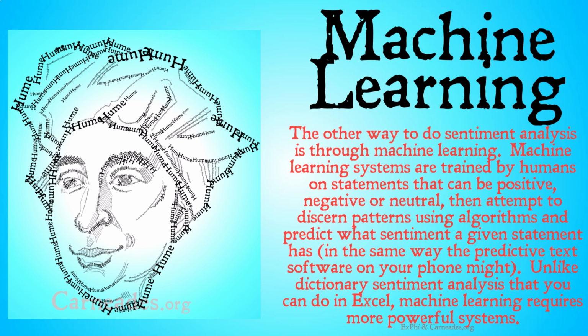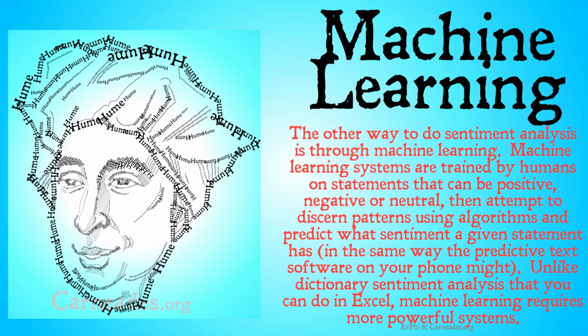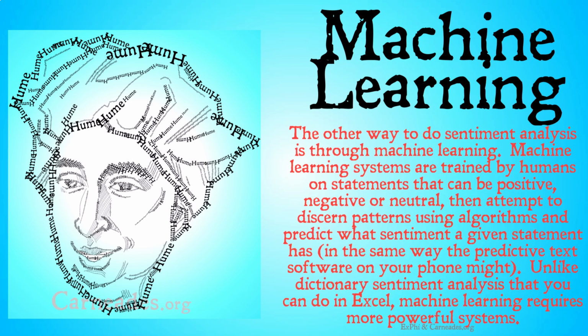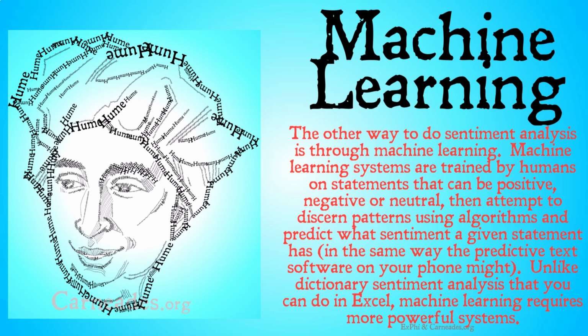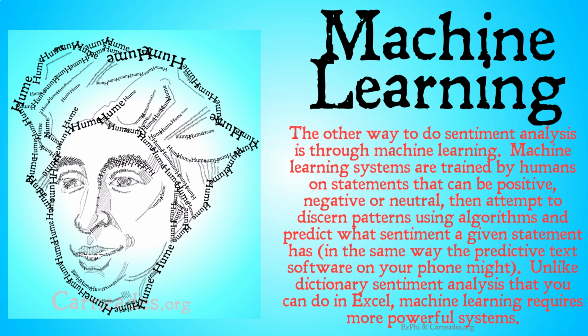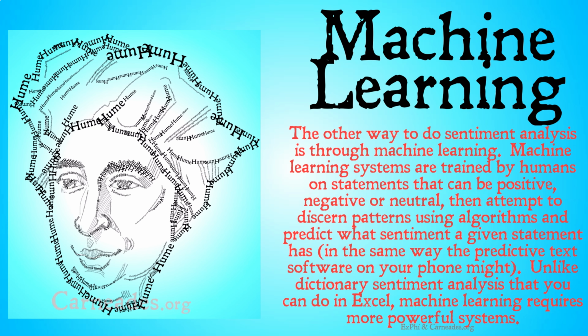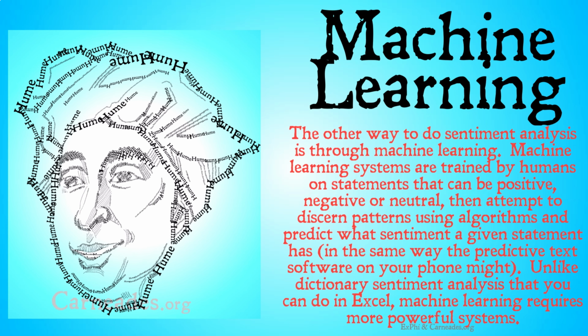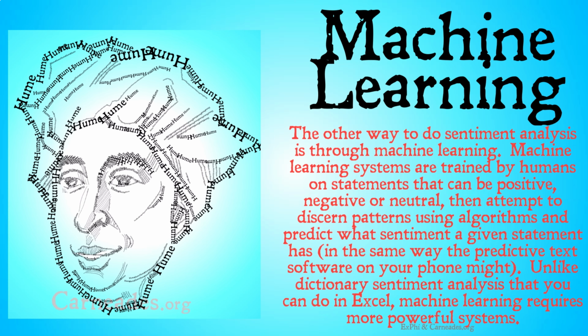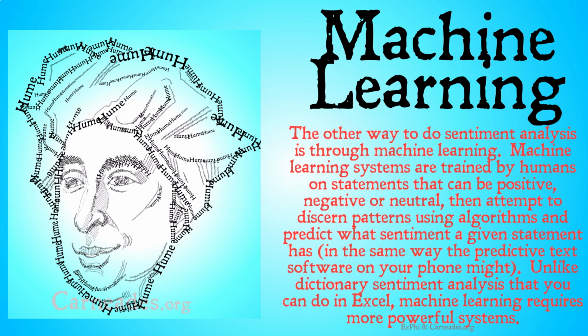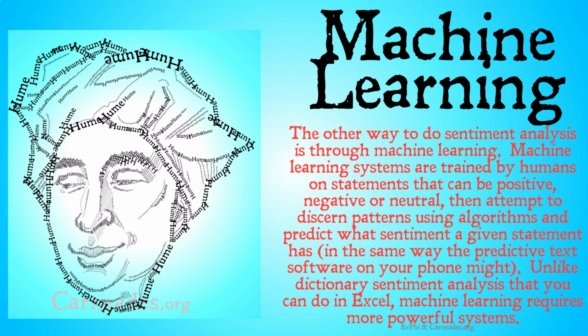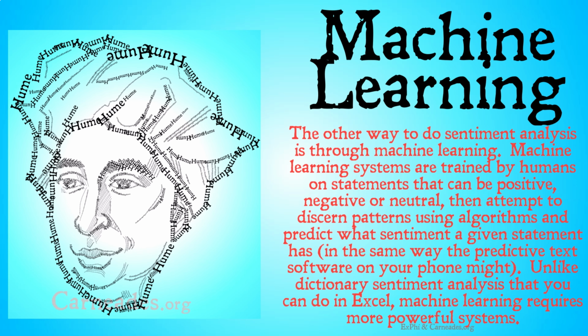They will start by reading all the comments and reading all the tweets and coding in for the machine: this kind of comment is negative, this kind of comment is positive, and after a while, the machine learning system will build up the algorithms and the regressions to figure out for itself what matches to positive and what matches to negative. You train it on testing data until it's good enough to run, and then you give it the real data, and it goes crazy.